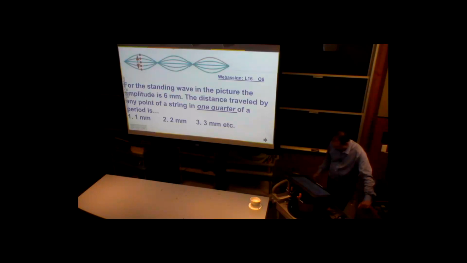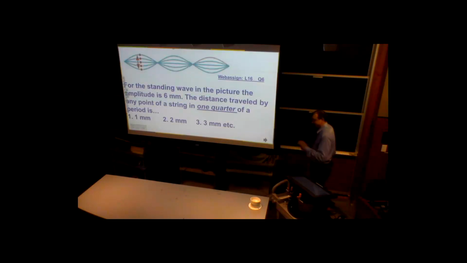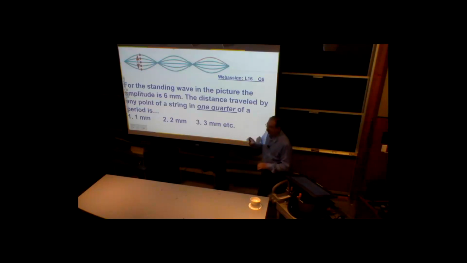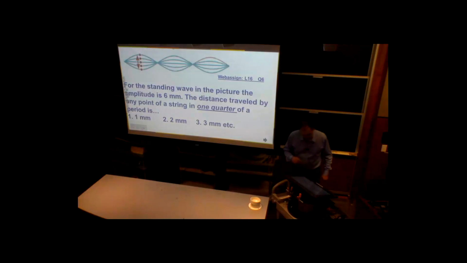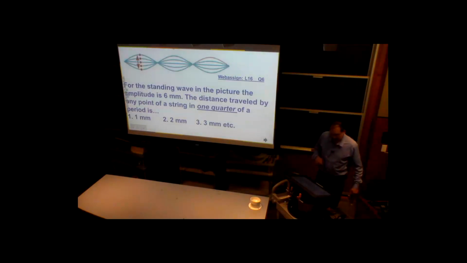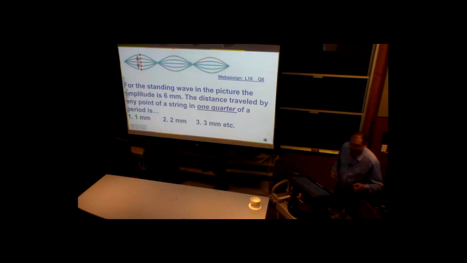All right. This is an example of a problem when we excite a string in a certain way. The amplitude. Well, when we say the amplitude of a wave, we mean the amplitude of a very specific point. It's not this. Well, this point doesn't move at all.